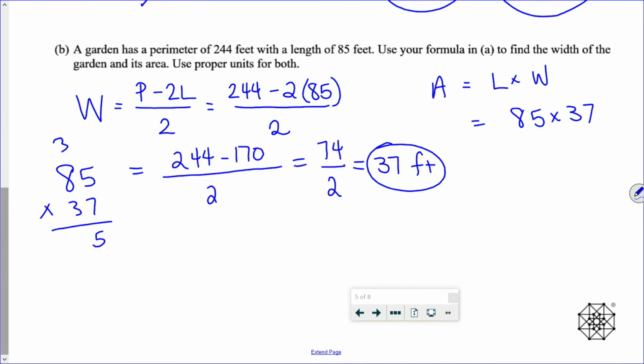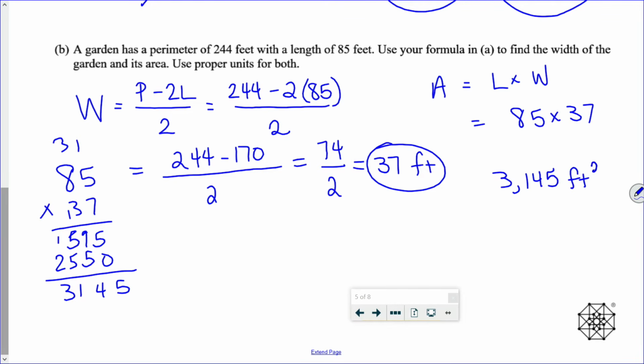Nothing like a little bit of long multiplication early in the morning, and we've got 3,145 square feet.